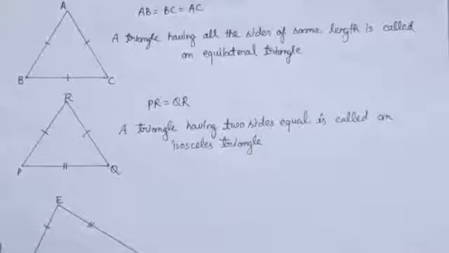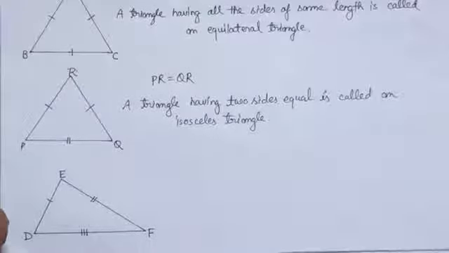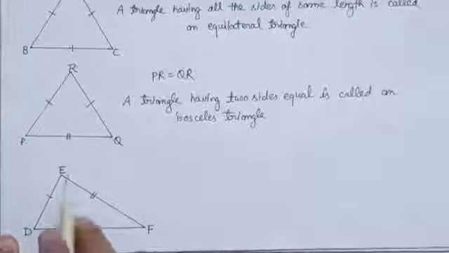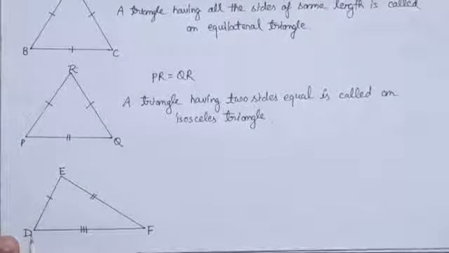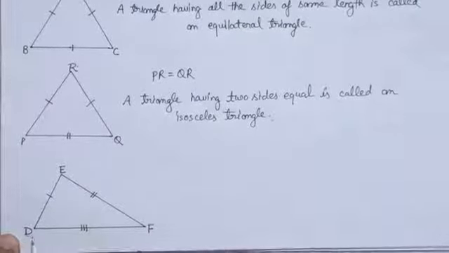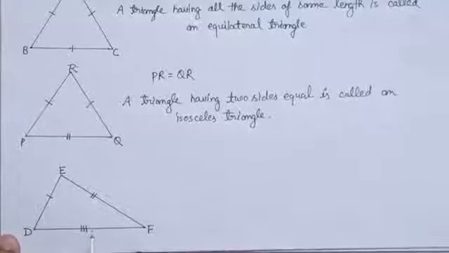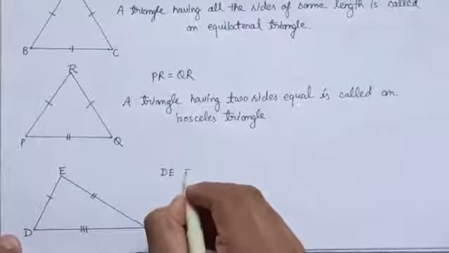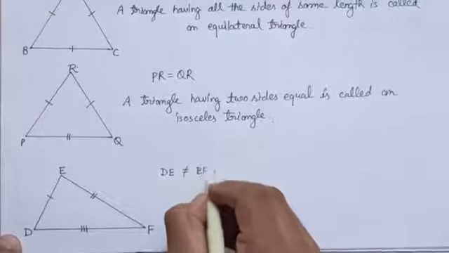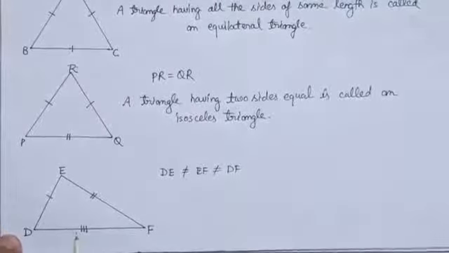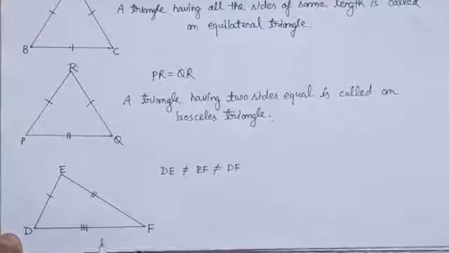Okay, now let us see the third one. In this figure you can see the triangle DEF, and you can clearly see that the lengths of the three sides, DE, EF and DF, are unequal. That is, DE is not equal to EF is not equal to DF. Such a triangle is known as a scalene triangle.